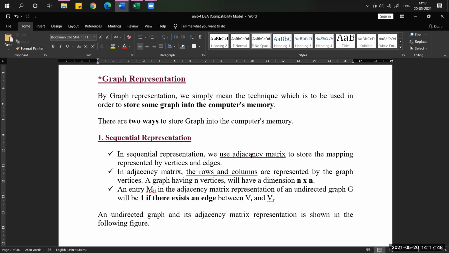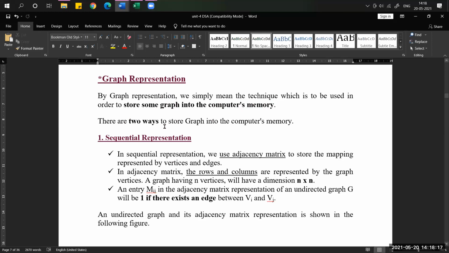That is nothing but the graph representation. So graph representation means we are talking about how the data belonging to the graph is arranged in computer memory. That is what we are going to talk about in today's session.